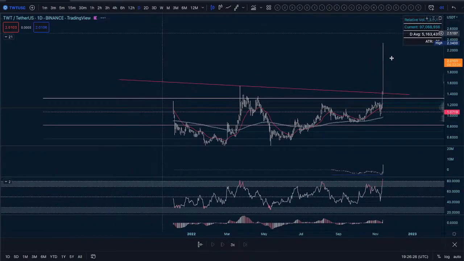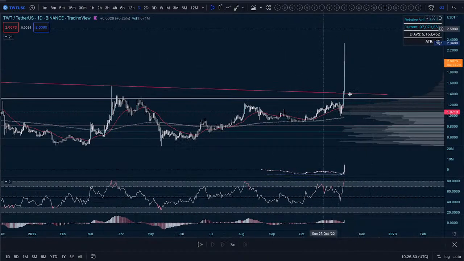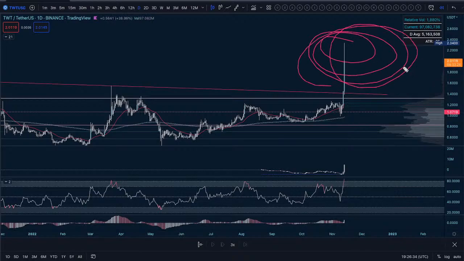Now, this is a highly extended market, but I really cannot short this because of all the stuff that's been going on. People are running away from normal assets and going for these.